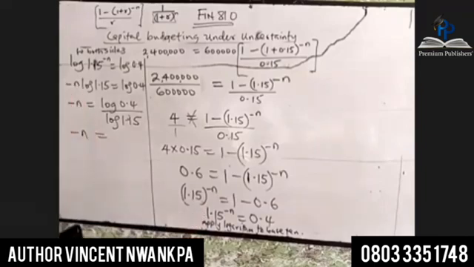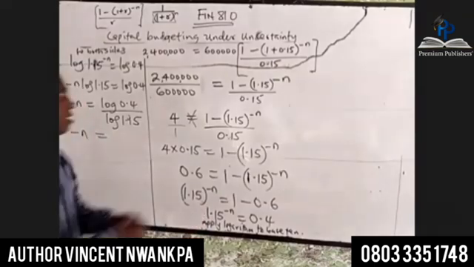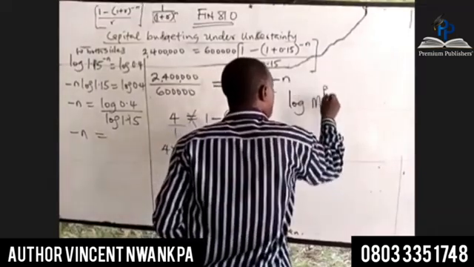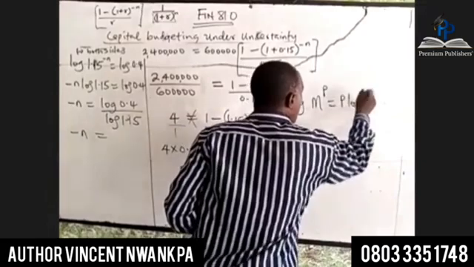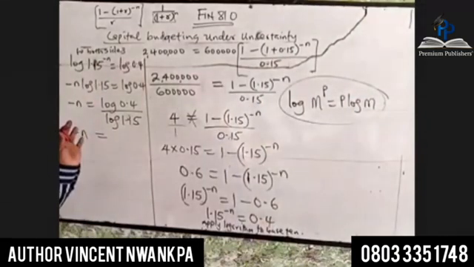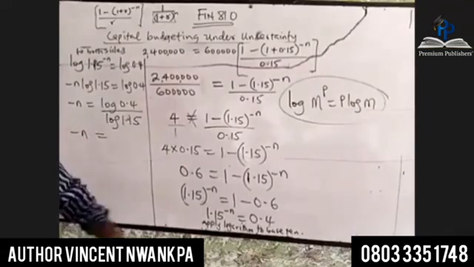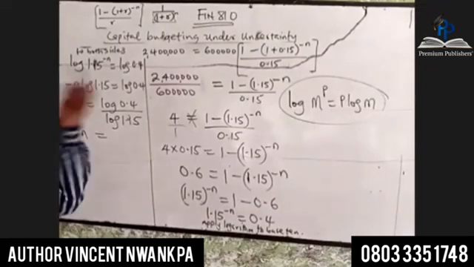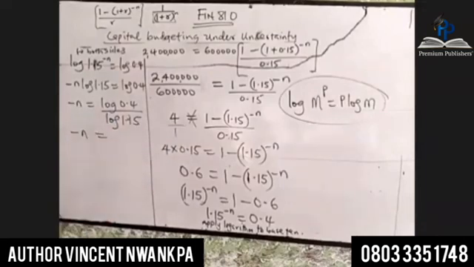There's a law in logarithm. The law says that the logarithm of n raised to the power of p should be p log n. Those who came before us created these laws, people like Pythagoras and Newton, our great grandfathers.